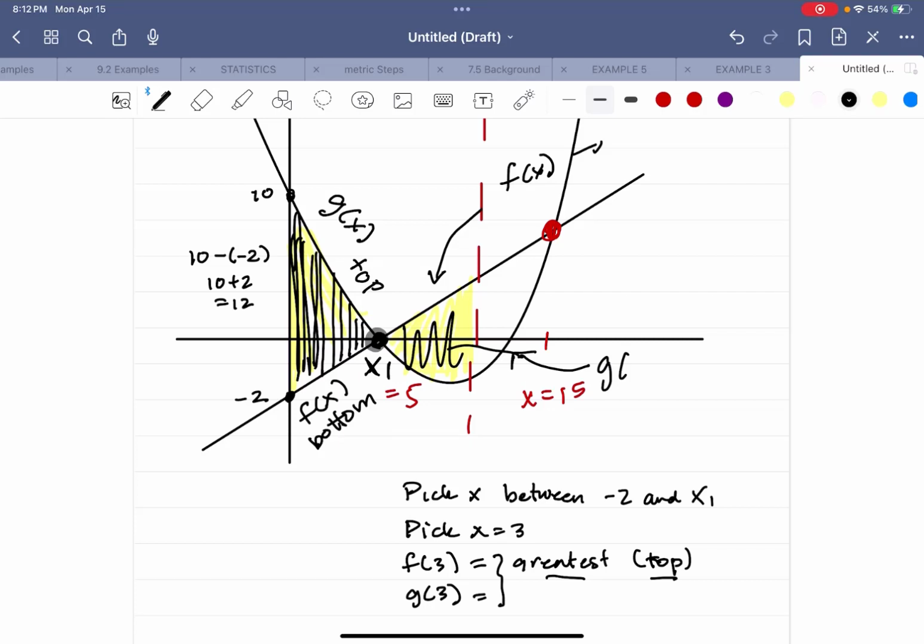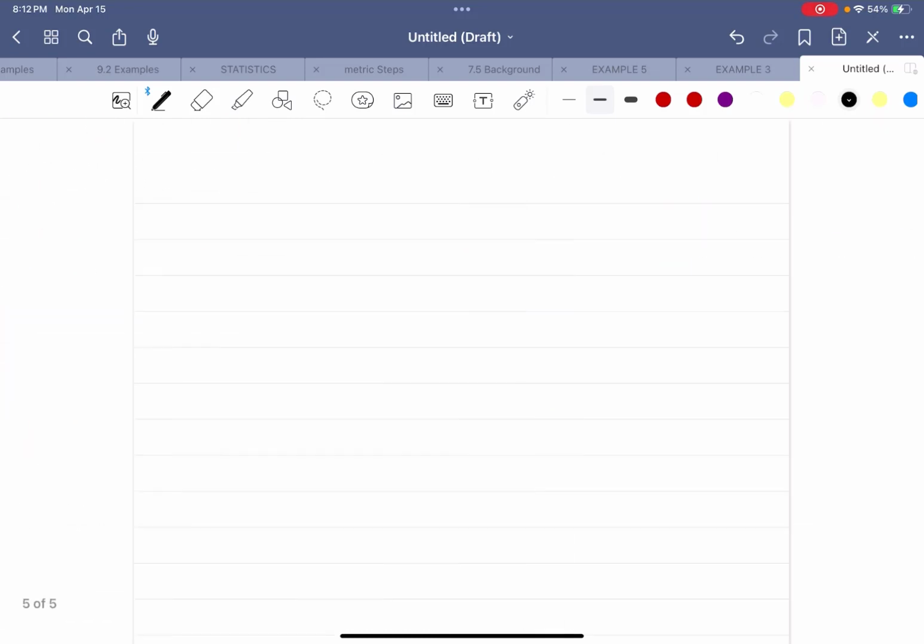But I'm going to give you the graph on all the ones that you'll have to do on the test and on the final exam. But you'll have to kind of recognize the parts of the graph. So you'll see that as we go through some of the examples. So the main thing to remember is it's going to be the integral, and this is going to be your left x value, and this is going to be your right x value.